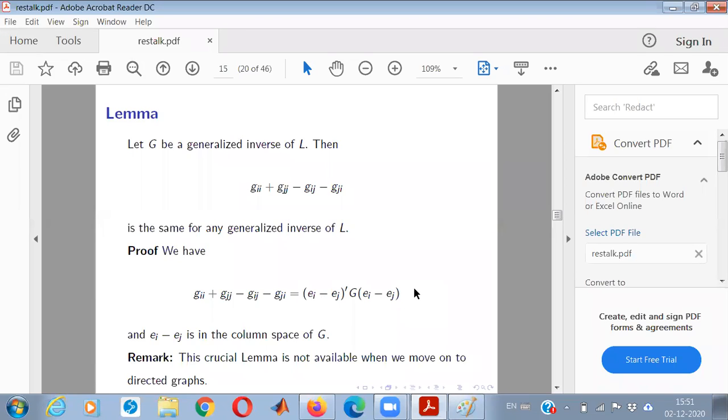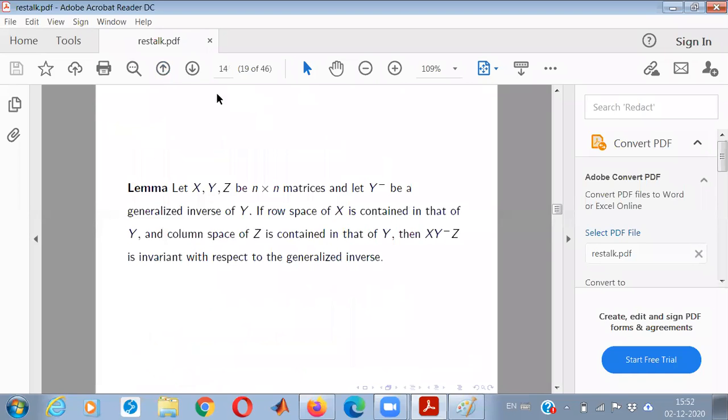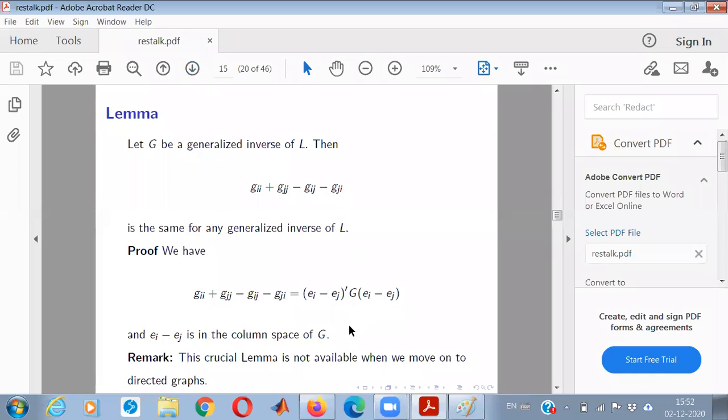That means the column space, which is the same as the row space, because I'm assuming symmetry here, is nothing but the space orthogonal to the all ones vector. And this e_i minus e_j is clearly orthogonal to the all ones vector. And so it is in the row and column space of L. And by the principle that I just said about invariance under the generalized inverse, that is true here. And so this quantity is invariant under the generalized inverse.